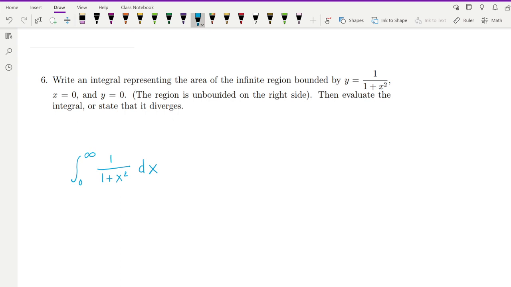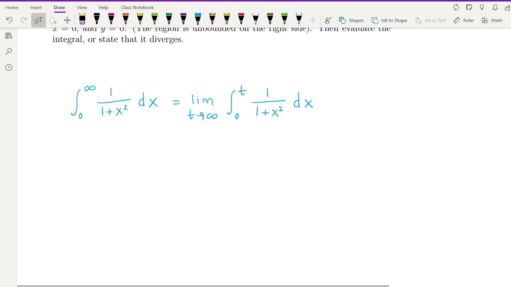Okay, so now we can actually go ahead and evaluate this. So this would be the limit as t approaches infinity of the integral from 0 to t of 1 over 1 plus x squared dx. So what is our antiderivative in this case? Well, the antiderivative of 1 over 1 plus x squared is inverse tangent.